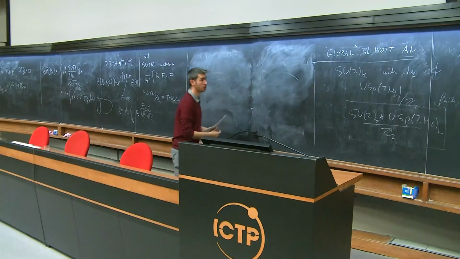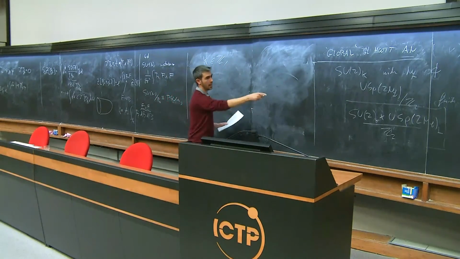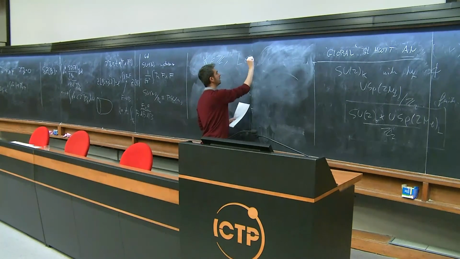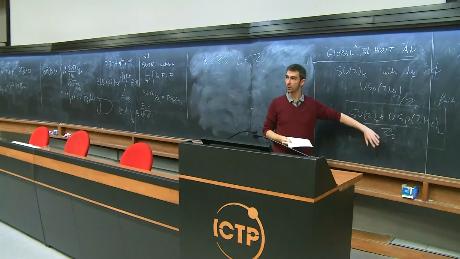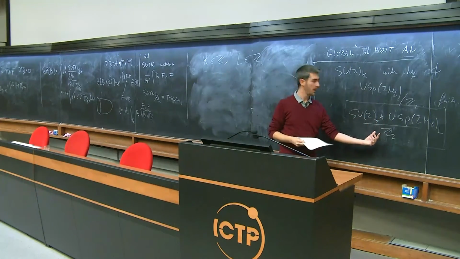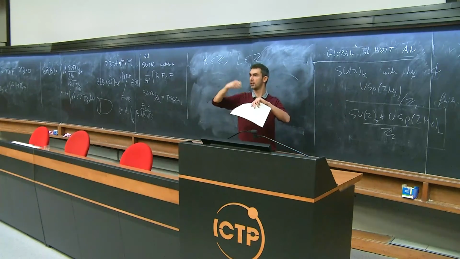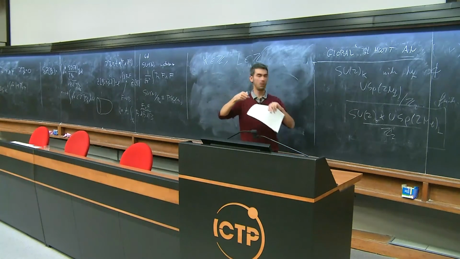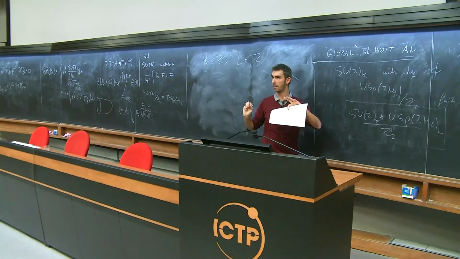So what are these quantization conditions? Well, first of all, K should be an integer. L, in the same way, should be an integer. But now we also have this quotient here, and the quotient gives us more constraints. Essentially, one way to understand this quantization, remember, is that we do some large gauge transformation, and we want the Chern-Simons functional to jump by a multiple of 2 pi.